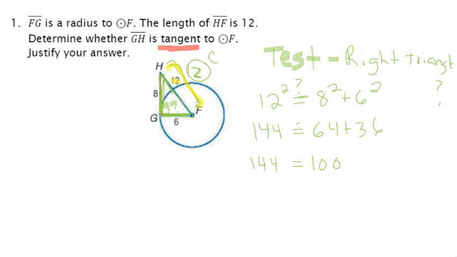We actually get 144 equals 100, which is not true. That's actually false. So what that means is it's not a right triangle, which means that it's not a tangent segment.